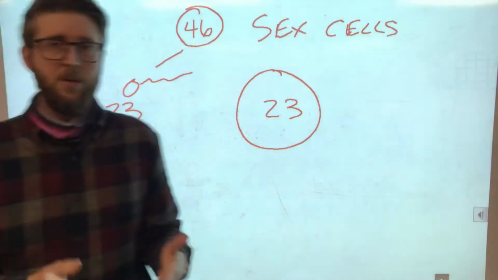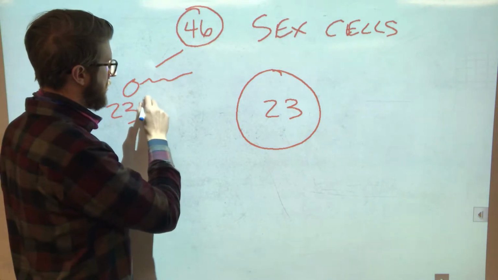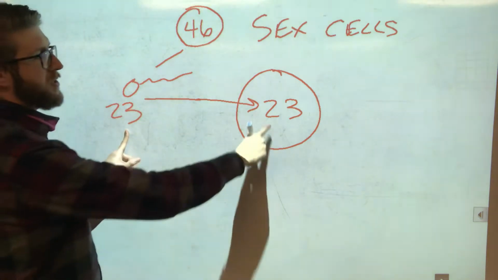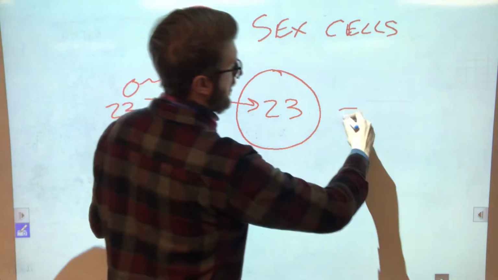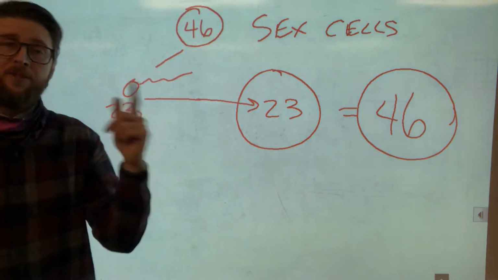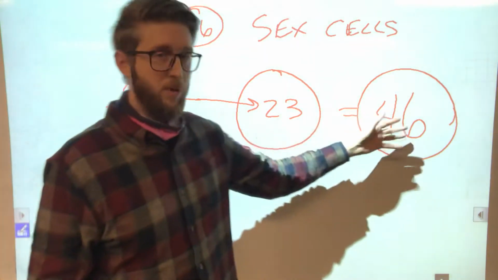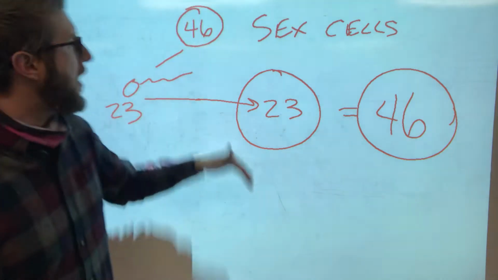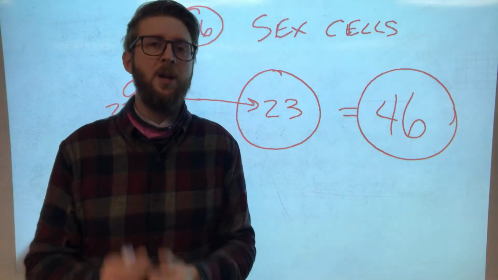And the reason that's important is because, of course, as we know, the sperm and the egg are going to join together, and the 23 chromosomes in the sperm plus the 23 chromosomes in the egg are going to come together to make the very first cell that will eventually become you, the baby, with 46 chromosomes, which is the appropriate number of chromosomes.